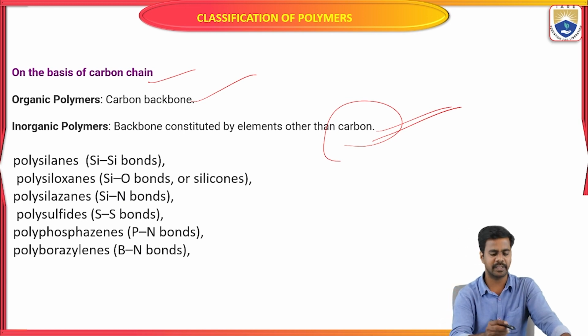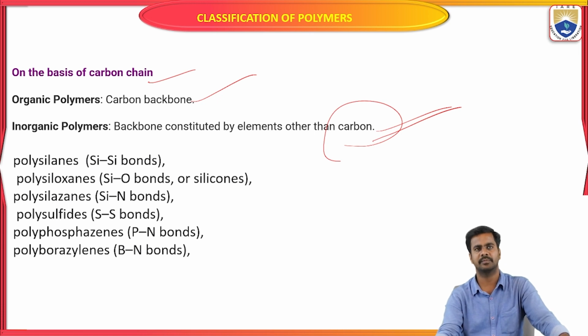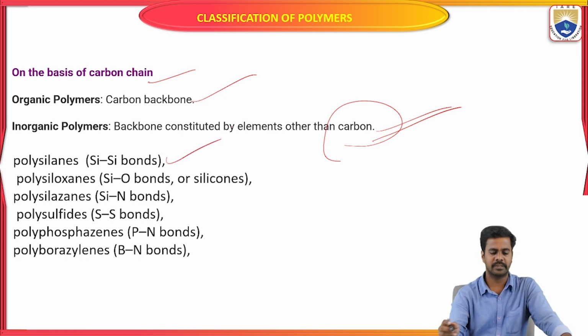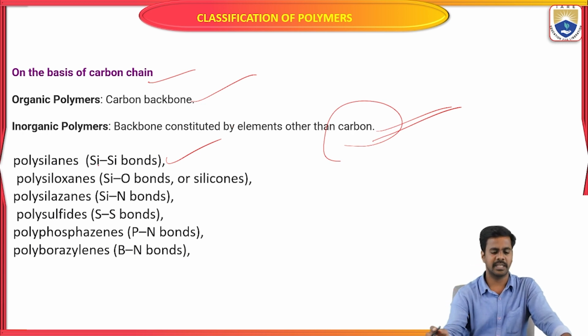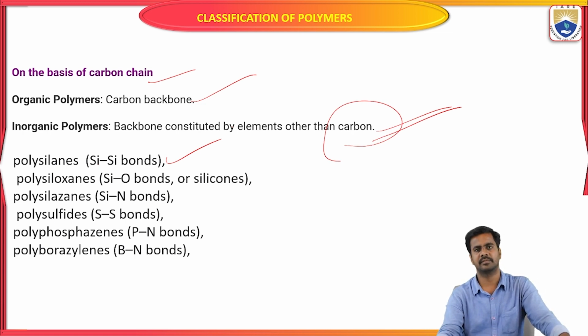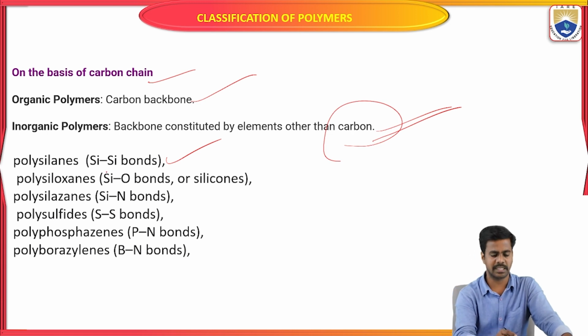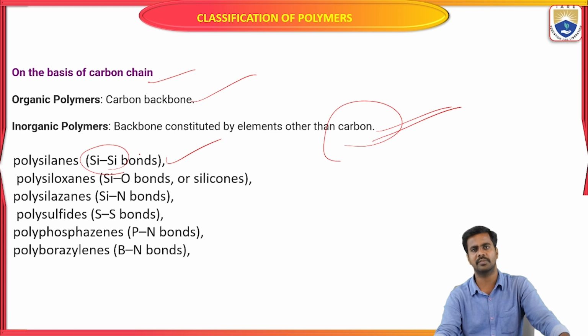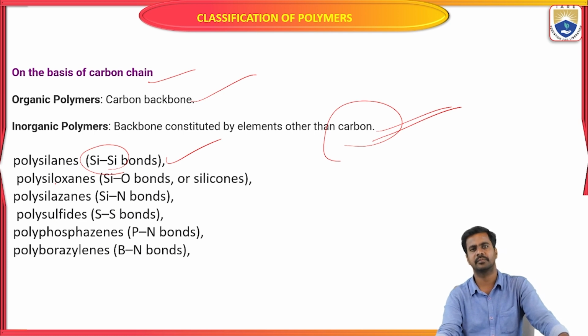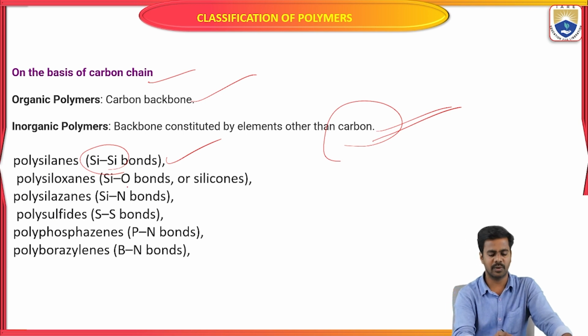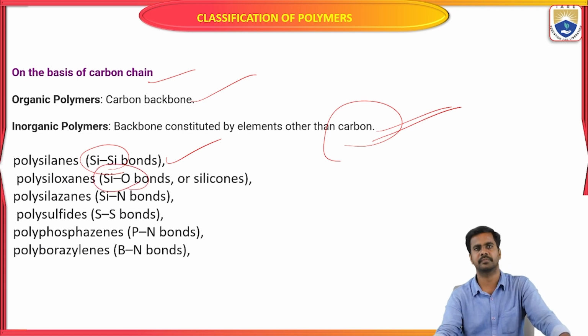Example for inorganic polymers is polysilane. In polysilane, we can observe silicon to silicon bonds. And polysiloxanes: in polysiloxanes we can observe silicon to oxygen bonds.